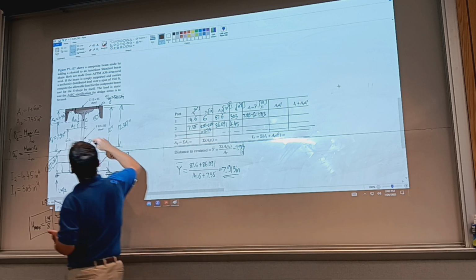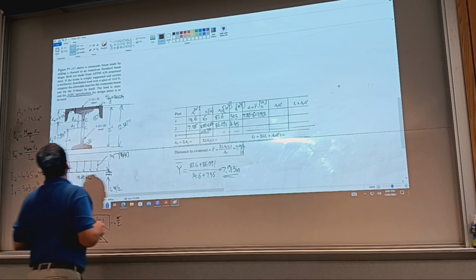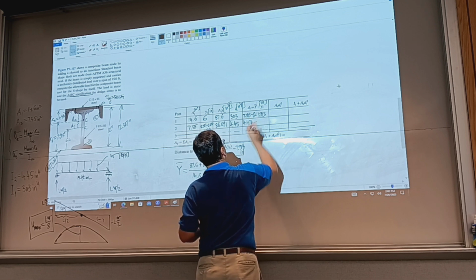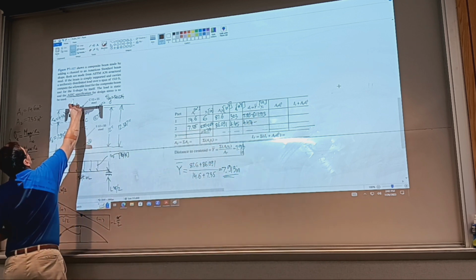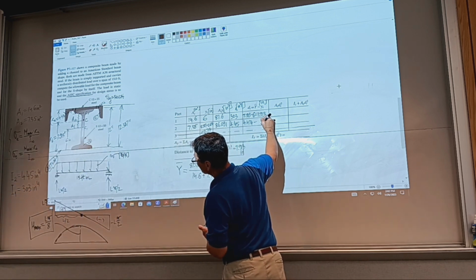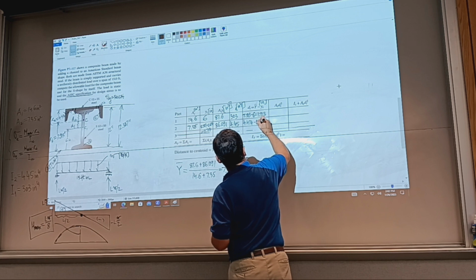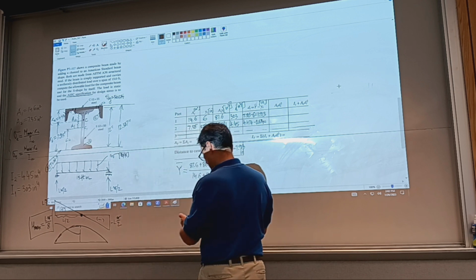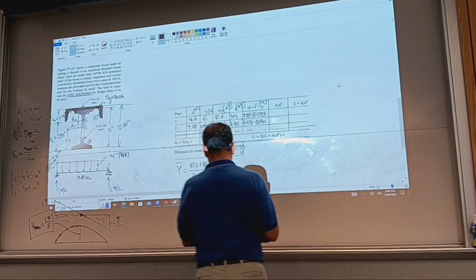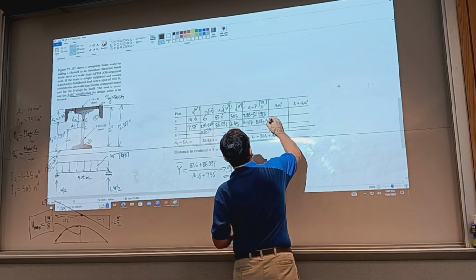And the other one, we subtracted from 4.474 this piece. 0.674 was the x value in the table, negative 0.674. And let's see what it is. So 4.474 minus 0.674. Okay, 3.8.